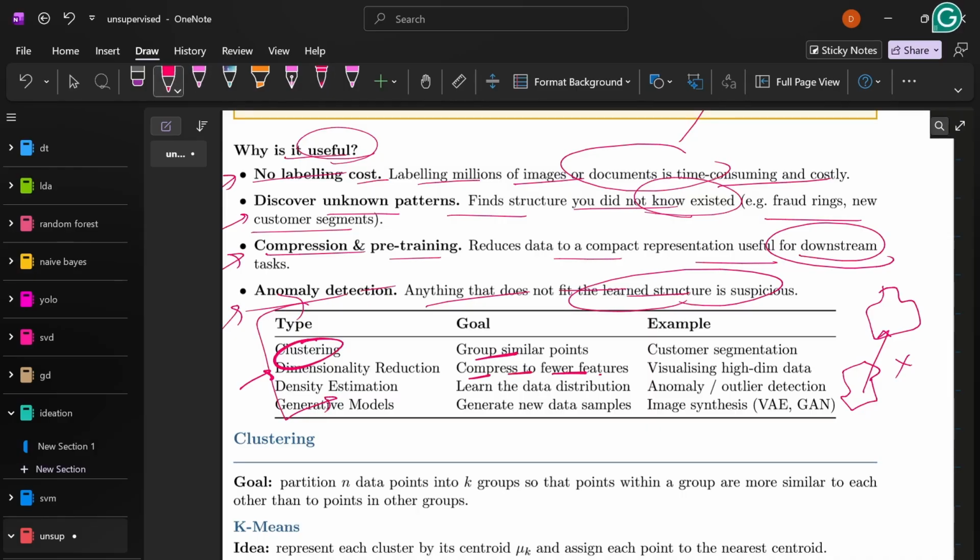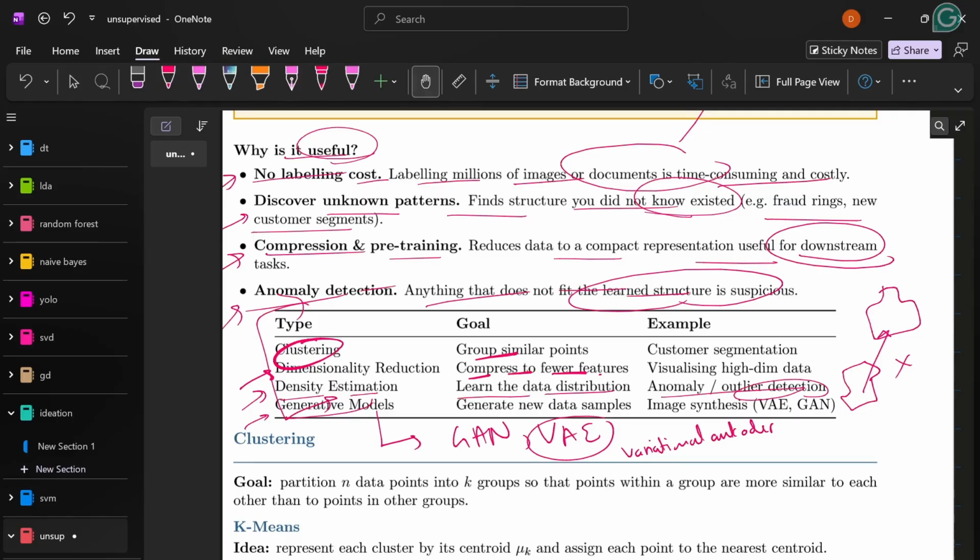Third one is density estimation, learning the actual probability distribution of the data. Example, anomaly and outlier detection. Fourth one is generative models, actually generating new data that looks like your training data. This is also called augmentation, but here what we are using is image synthesis using variational autoencoders (VAEs) and generative adversarial networks (GANs). Okay, so we're going to cover them also.